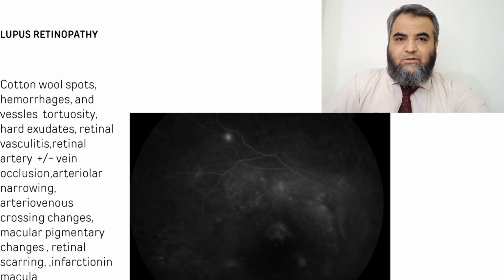As I mentioned earlier, you can find any type of lesion, cotton wool spots, hard exudates, arterial narrowing, attenuation and changes at the arteriovenous crossings, macular pigmentary changes, macular ischemia, and subretinal fluid. All these things happen because of this disease.